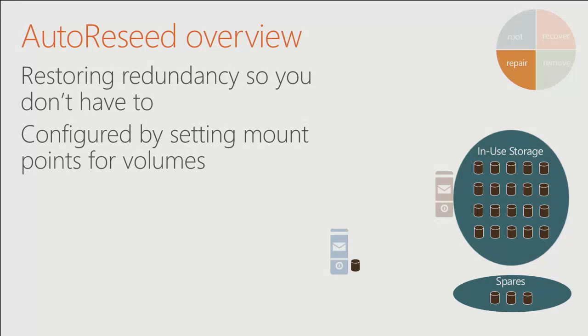You add a spare volume or 2, and then you just wait. So if one of your database copies fails, AutoReseed will take a mount point from one of the spares, bring it over to where that mount point of the failed volume was, and then reseed the database from the active copy.